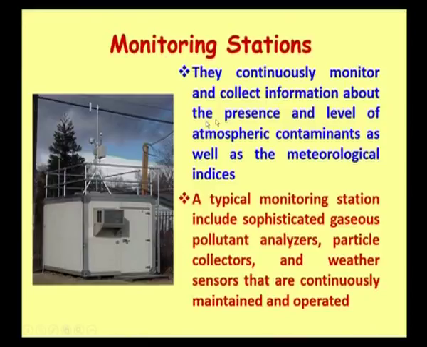A typical monitoring station includes a sophisticated gaseous pollutant analyzer, collector, and weather sensor, and they are constantly maintained. Therefore, nowadays they are very sophisticated, and we need not bother much about how they are monitoring, but they are able to give good predictions.